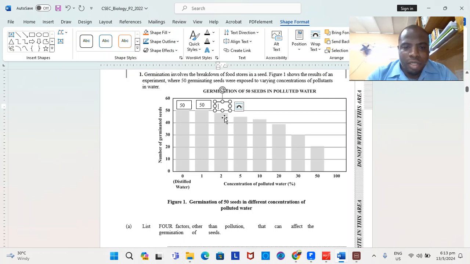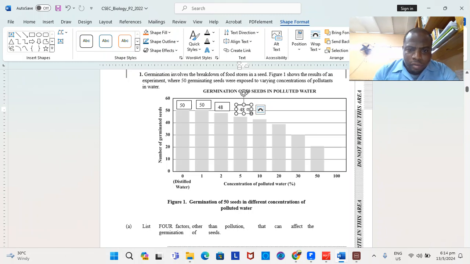I was just looking if they would have given that to us, but no. So 48, roundabout 48, right here. Seems like about 45.